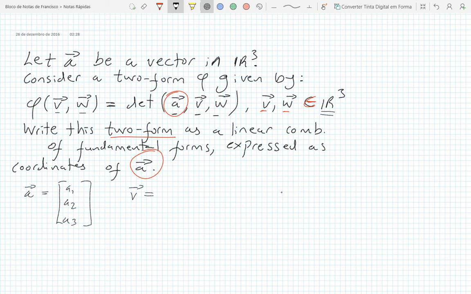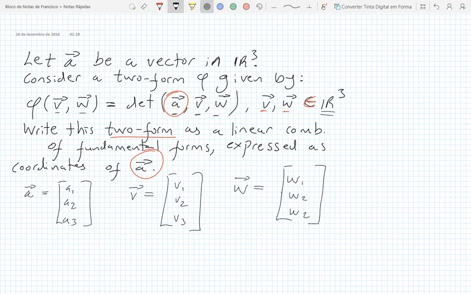Vector V will be V1, V2, and V3. And vector W will be W1, W2, W3. So now we have to take the determinant.